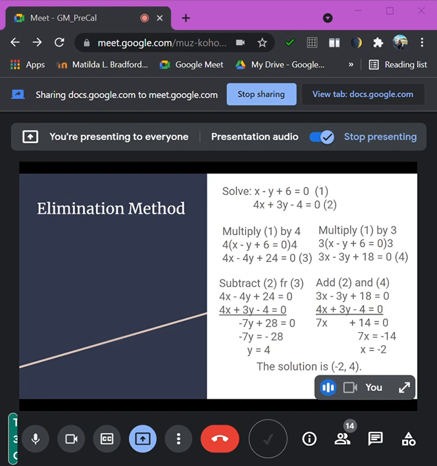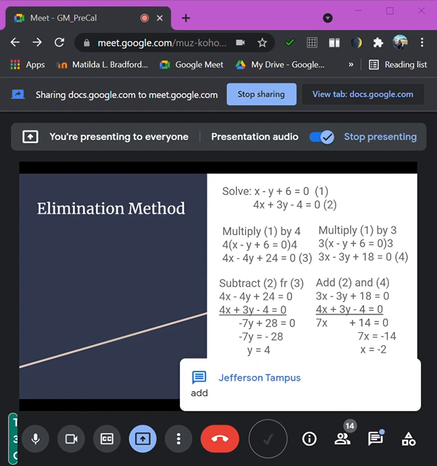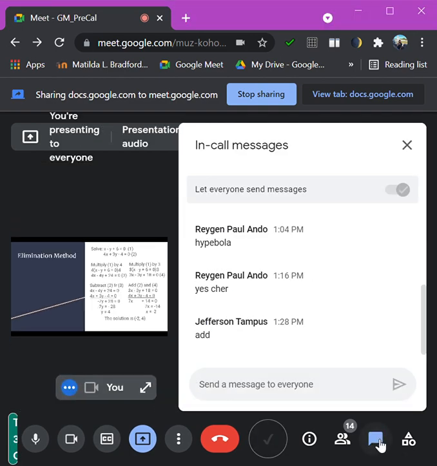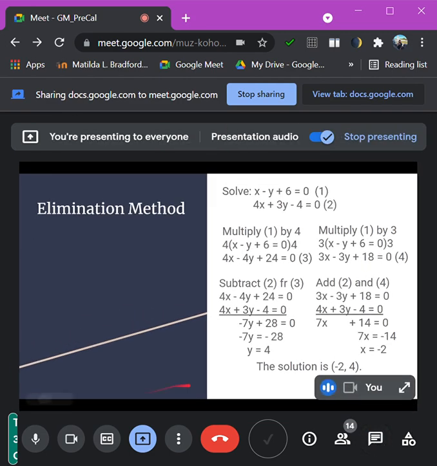Now, class, if I will ask you, which of the two methods would you like to use? Which method, elimination or substitution?